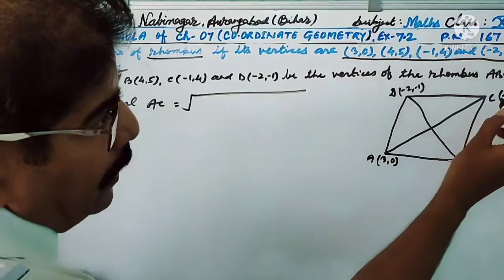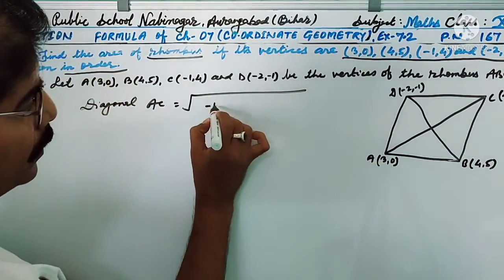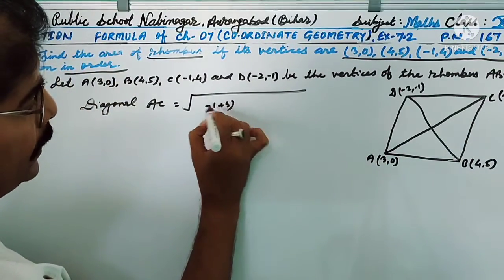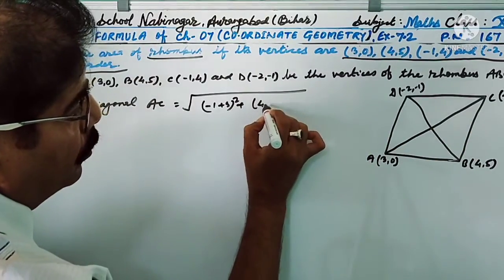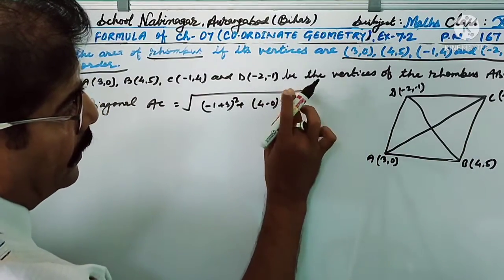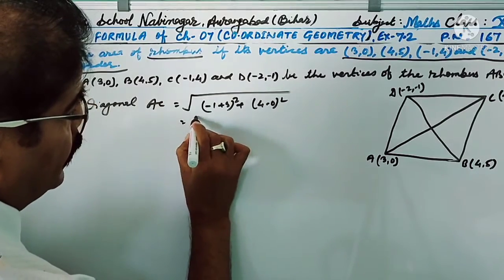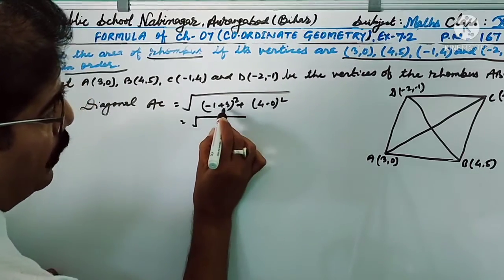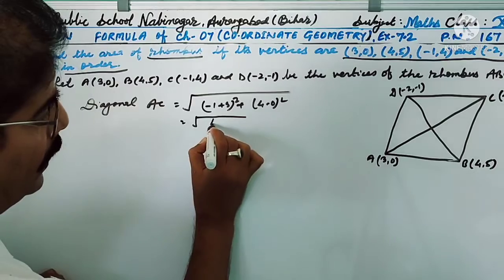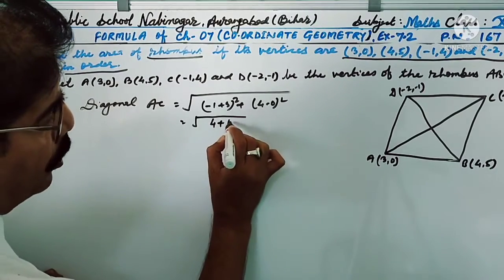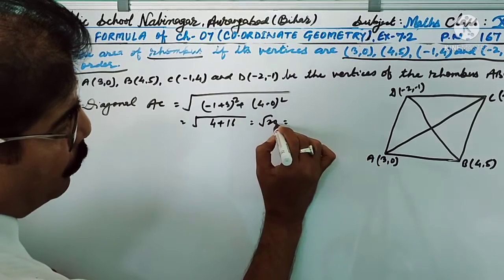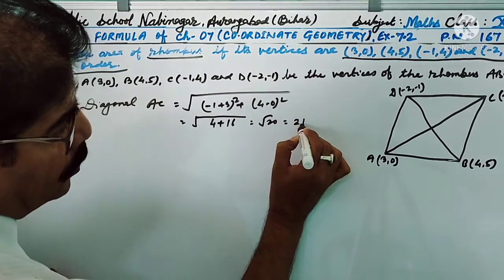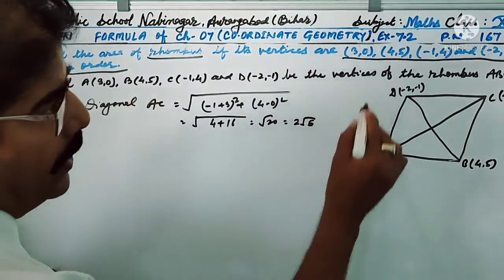Using the distance formula, AC equals the square root of (-1 + 3) square plus (4 - 0) square units. That is, -1 + 3 = 2, square 4, and 4 square 16, so 20, 4 times 5, root 20, that is 2 root 5.